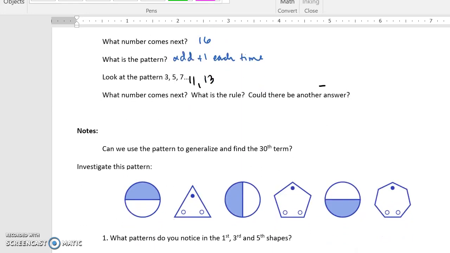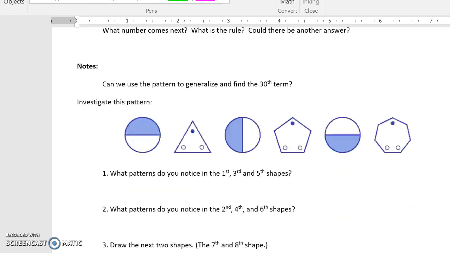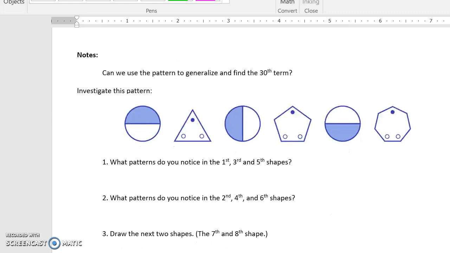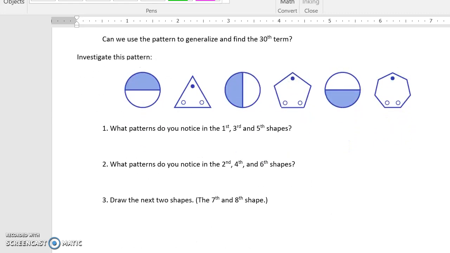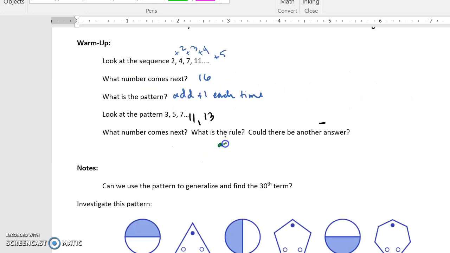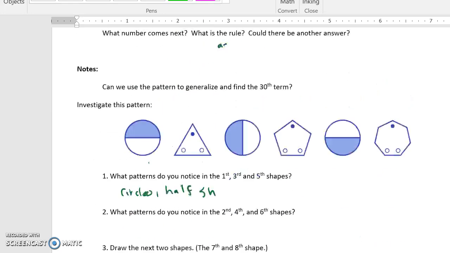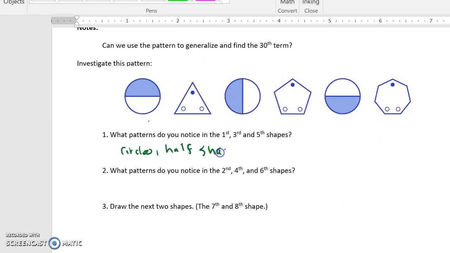So we're going to take a look at some patterns here and generalize to find the 30th term. So looking at this, okay, what patterns do we notice in the first, third, and fifth terms? So the first, third, and fifth terms, they're all circles that are half shaded, and it looks like they're rotated or turned.